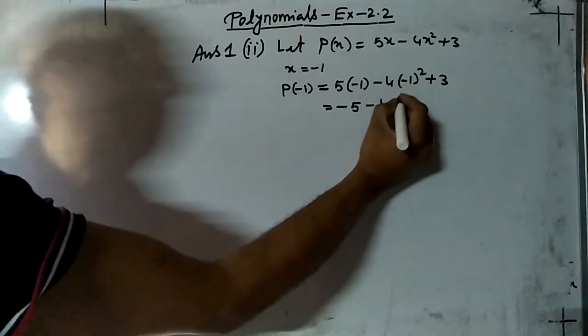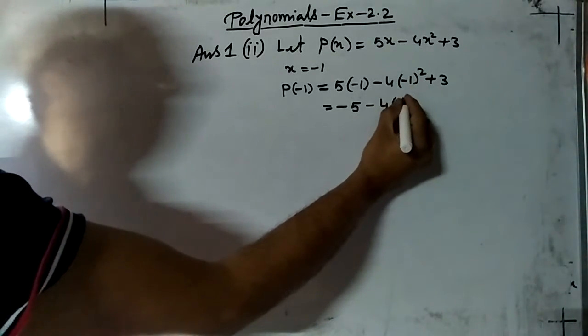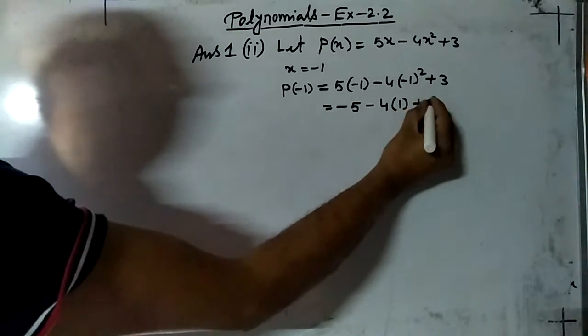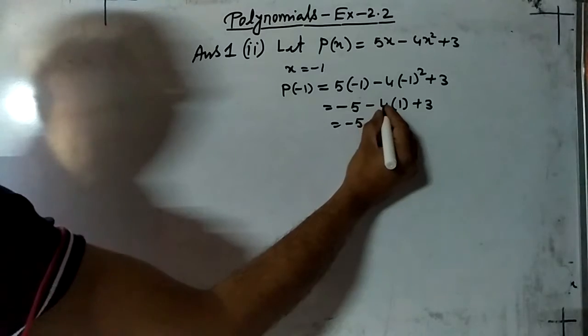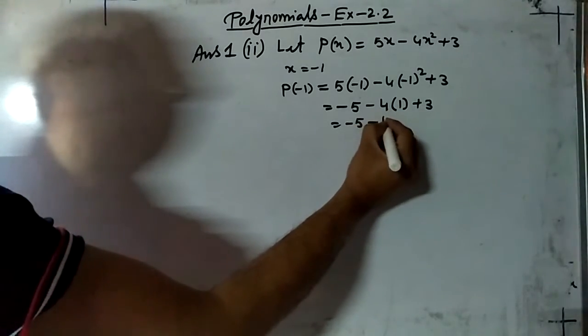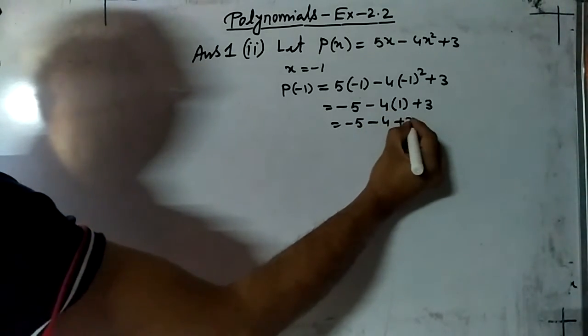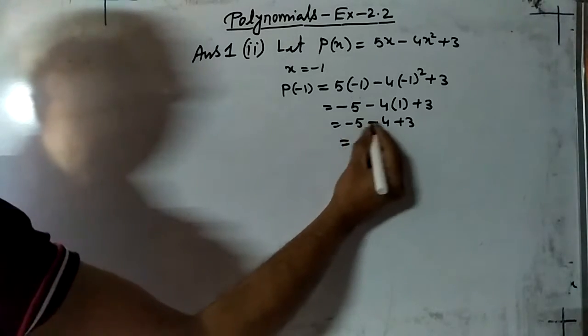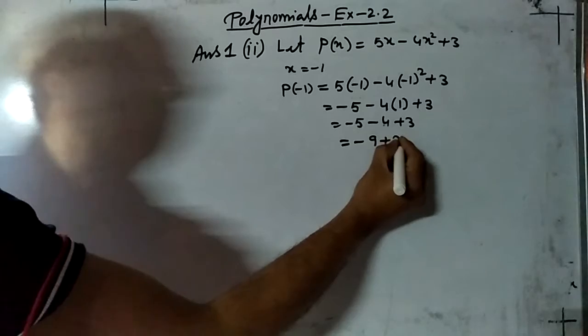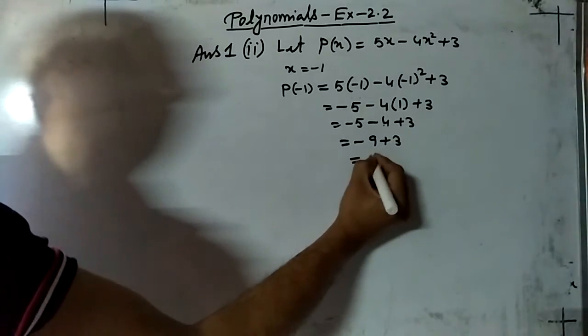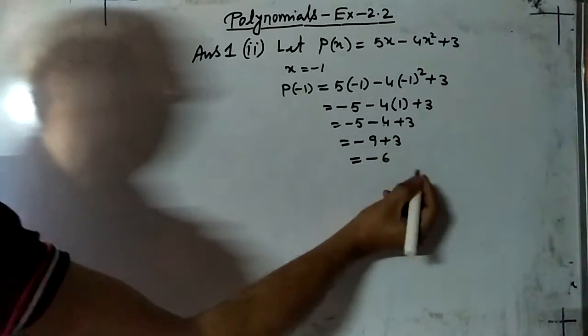So minus square is plus, so here we will get 1. Then minus 5, here 4 into 1 is 4, so minus 4 plus 3. Now minus 5 minus 4 is minus 9 plus 3. So finally we are getting minus 6 as the answer.